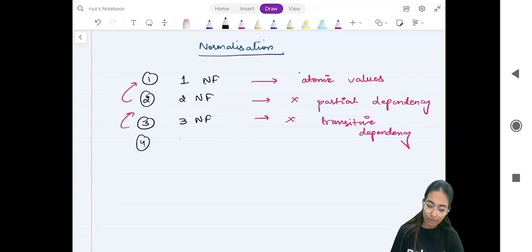And in the fourth one, we have 3.5NF, right?